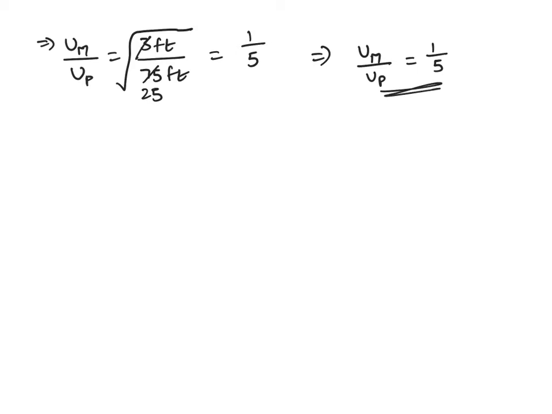From that, since we know the ratio of velocities of model to prototype as 1/5, we can use it to calculate flow rate.